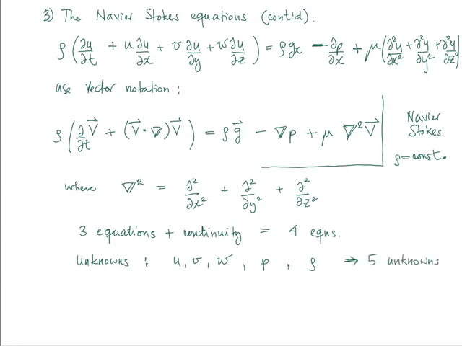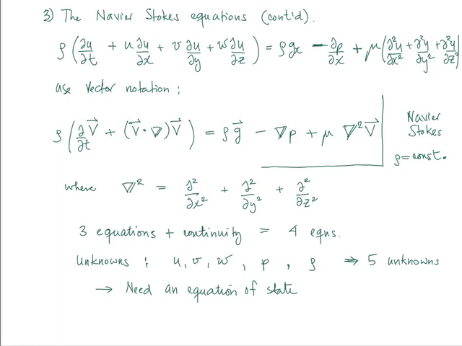So to close the system, to complete it, we need an equation of state. With an equation of state relating the pressure and the density, we have a complete system.